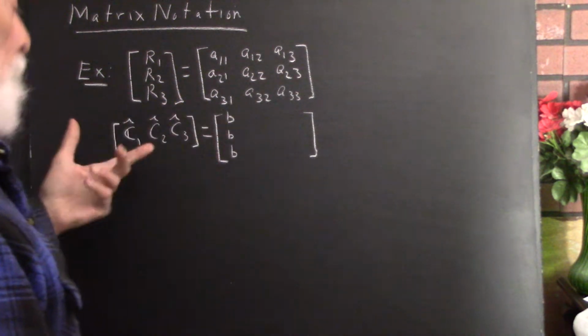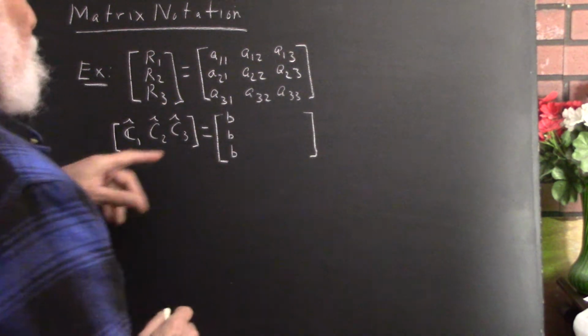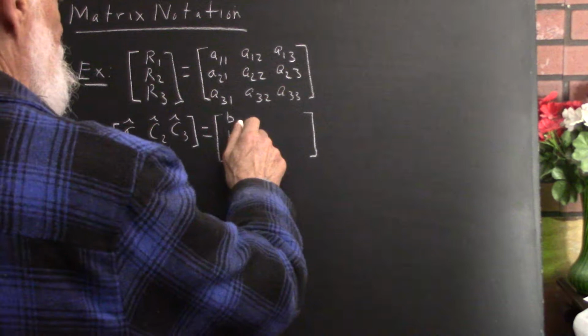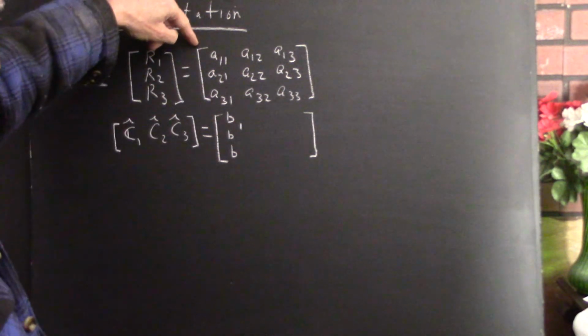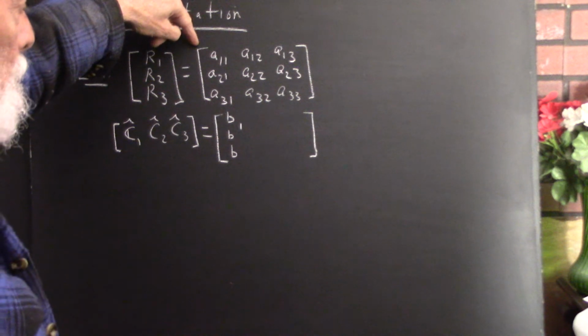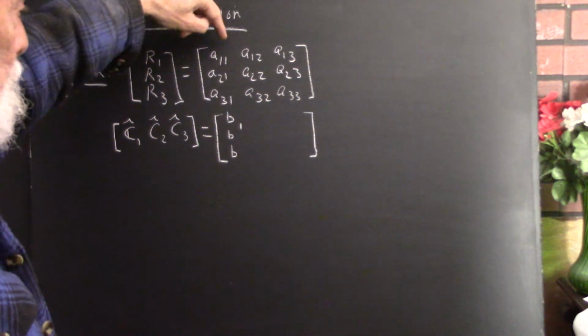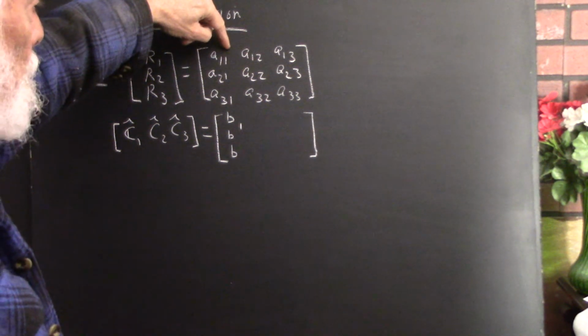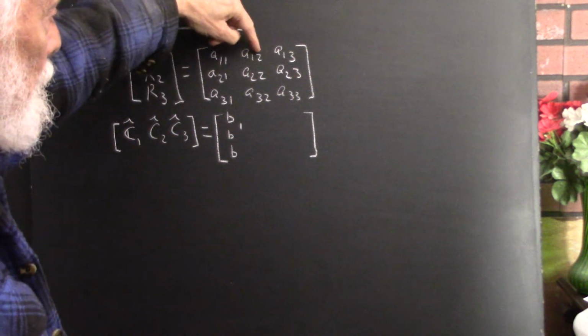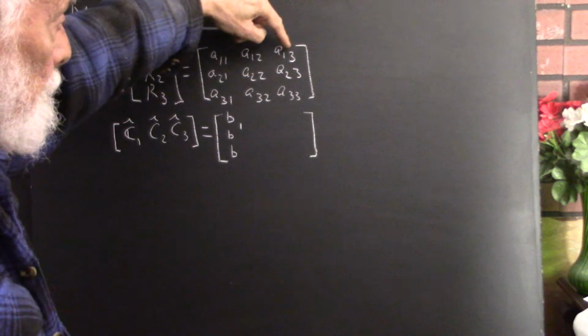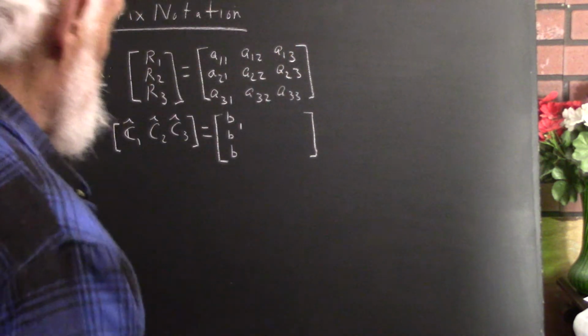The B in the first column is going to have second subscript 1, because remember, here we already established the convention that the second subscript refers to the column. So the second subscript in the first column is always 1. Here's the second column, subscript is 2. Third column, subscript is 3.